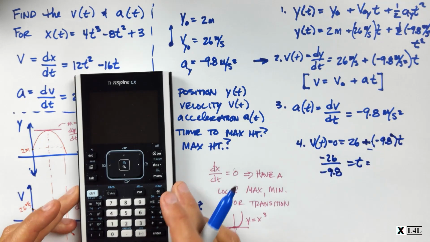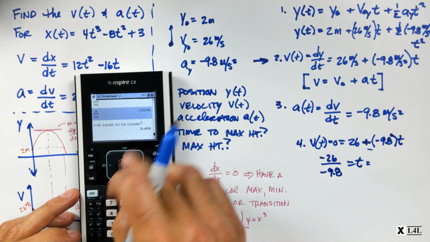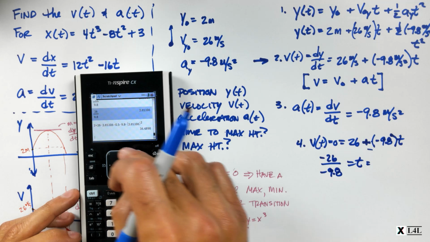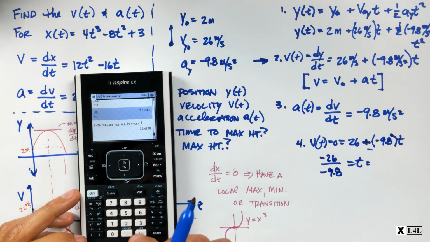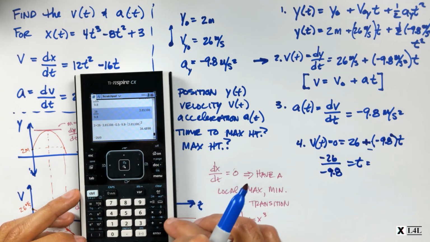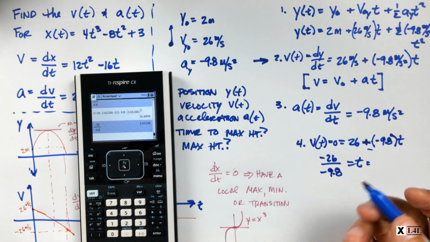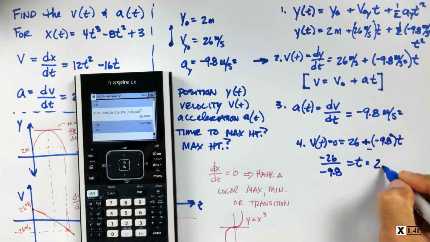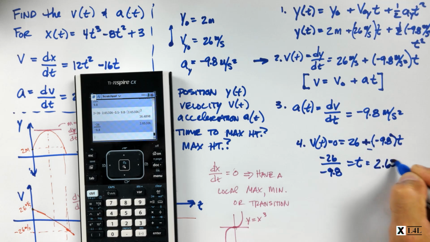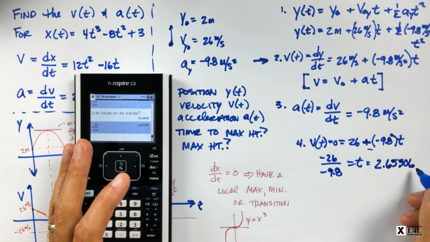Let's take a look at our calculator here. Okay, but we can do it again. So negative 26 divided by negative 9.8. So it's going to give me a time of 2.65306. Okay, so there's my time in seconds.